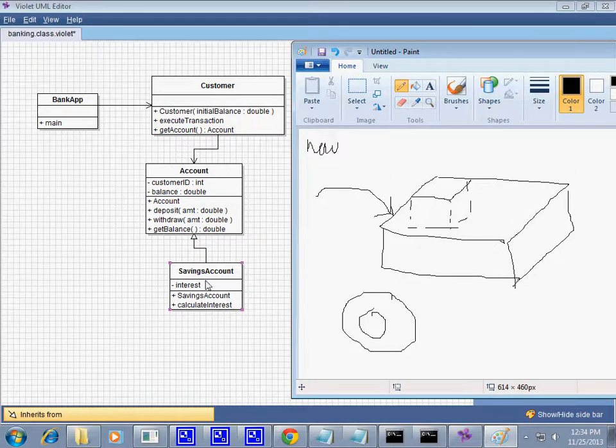So the savings account here immediately doesn't execute, but rather it delegates first step to the superclass constructor. So before savings account does anything at all, it actually calls the superclass constructor to make sure that this part is now fully constructed and done.